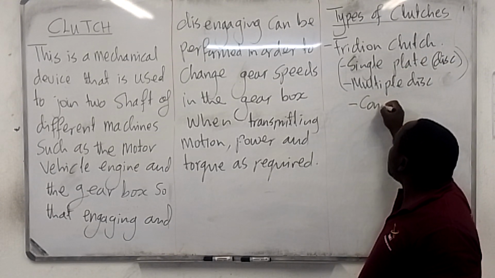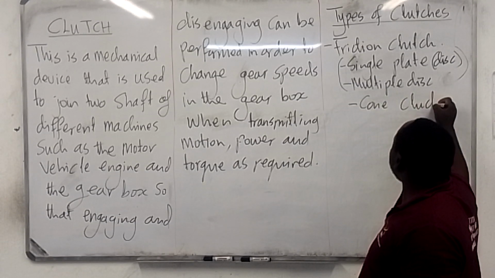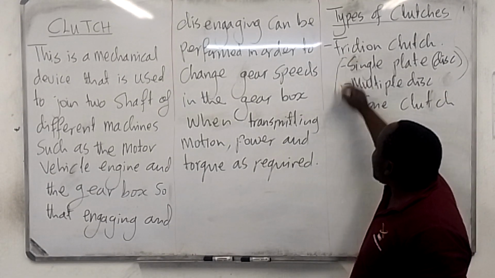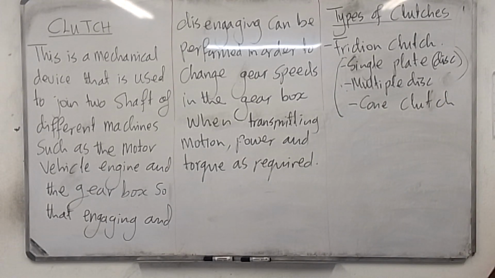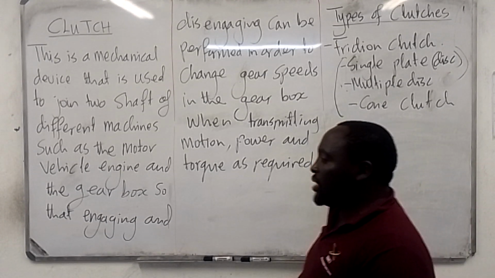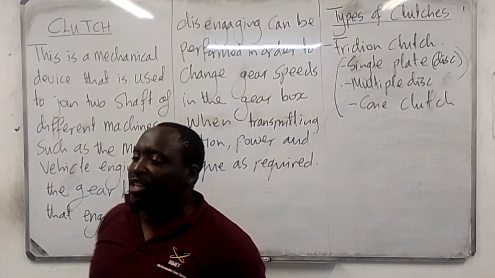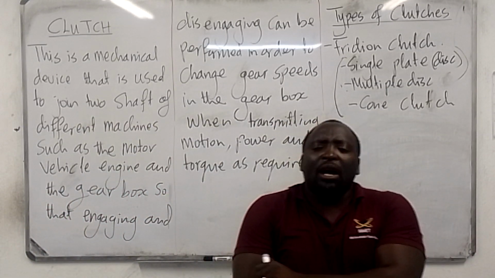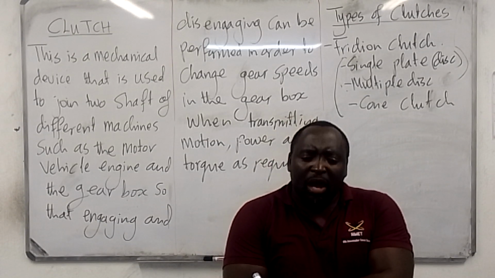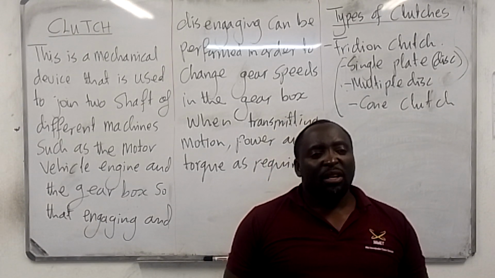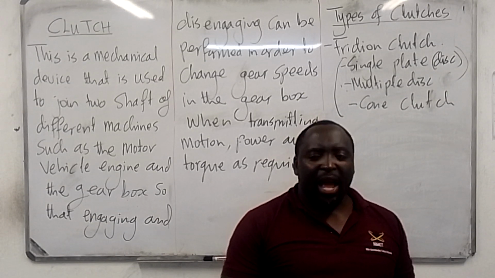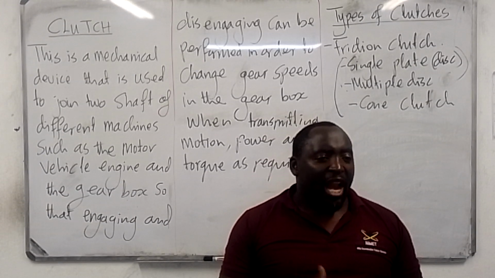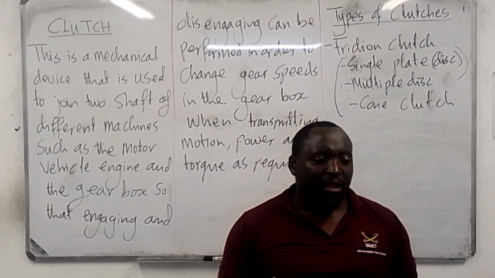We have got cone clutch. So under friction clutch we have got the single disc clutch, multiple disc clutch, and cone clutch. When we talk of single disc, I'll try to download some videos so that you can see what a single disc clutch is, what a multiple disc clutch is, what a cone clutch is, and how they work. Okay?